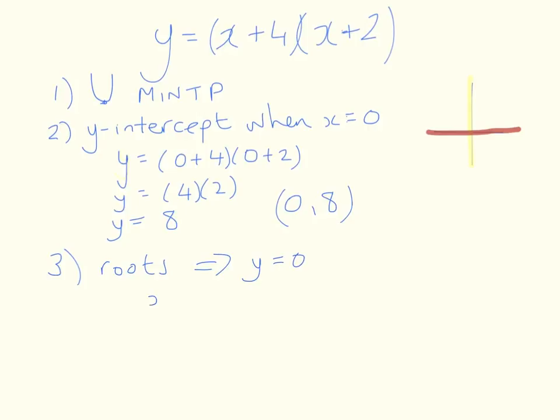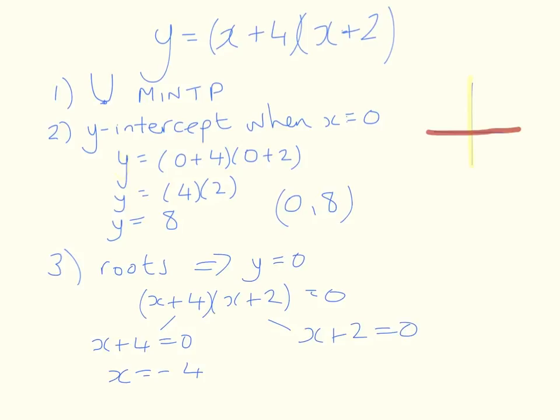So this time we're going to equate y to 0, and we're going to solve this equation like we've done before in previous videos. We're going to split it and solve. x plus 4 equals 0, so x equals minus 4, and x plus 2 equals 0. So x equals minus 2. So my coordinates are (minus 4, 0) and (minus 2, 0).